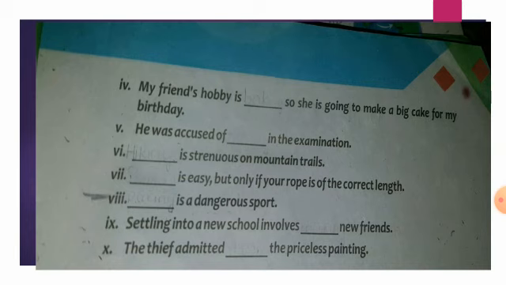Dash is the strenuous on mountain trails. Strenuous hiking. Hiking is basically done on the mountain trails. Okay. Dash is easy, but only if your rope is of the correct length. Skipping. Dash is a dangerous sport. Racing.